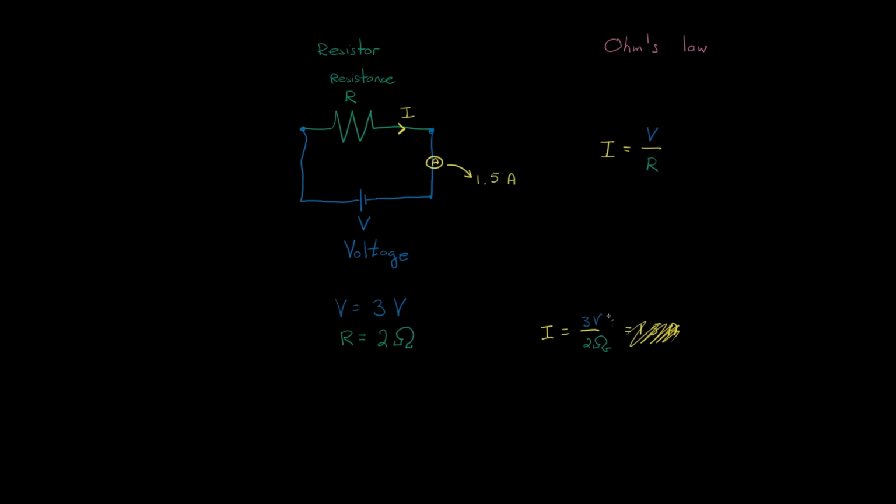And then I would have deduced that 3 over 2 is equal to 1.5. Now that's kind of useful, but I promise you that we could also do multiplication in this way.